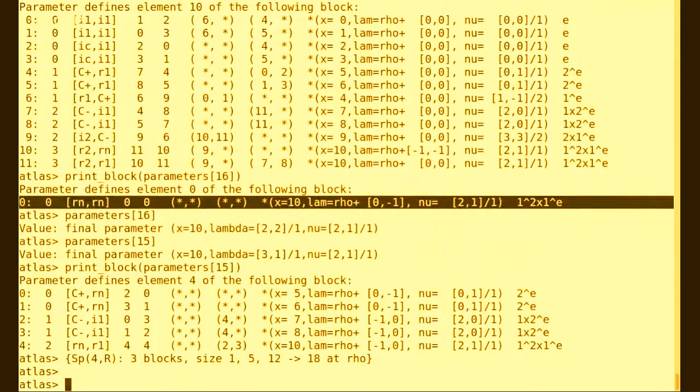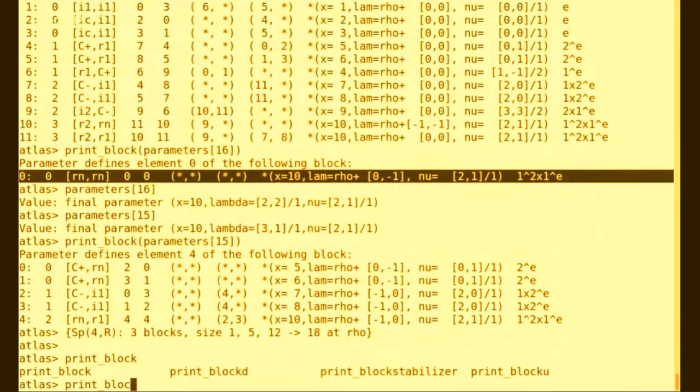And I'll just do one last command, print block sizes of SP4R.